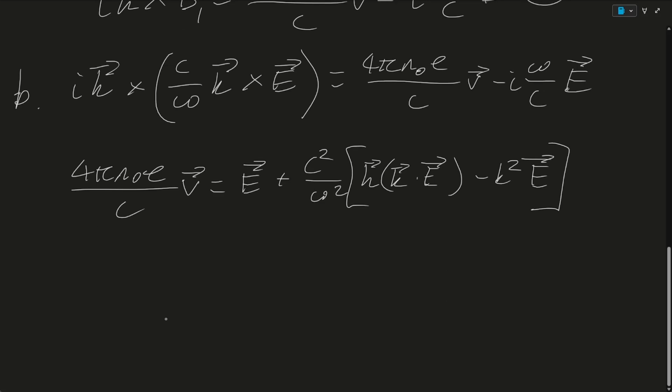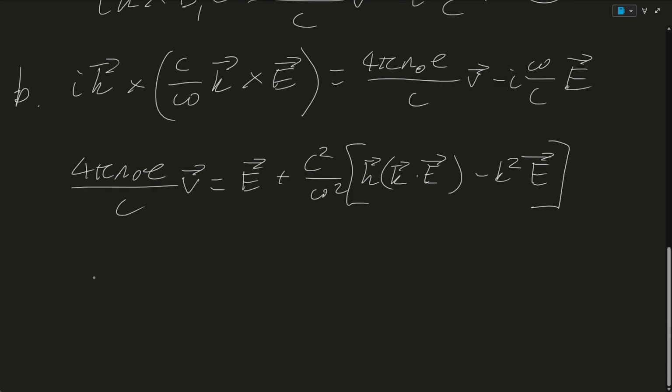Cool. And here we can just define this as the plasma frequency omega p squared, but this will be over m, so we can say this is, I think, fairly standard by now: omega p squared equals 4 pi n naught e squared over m.